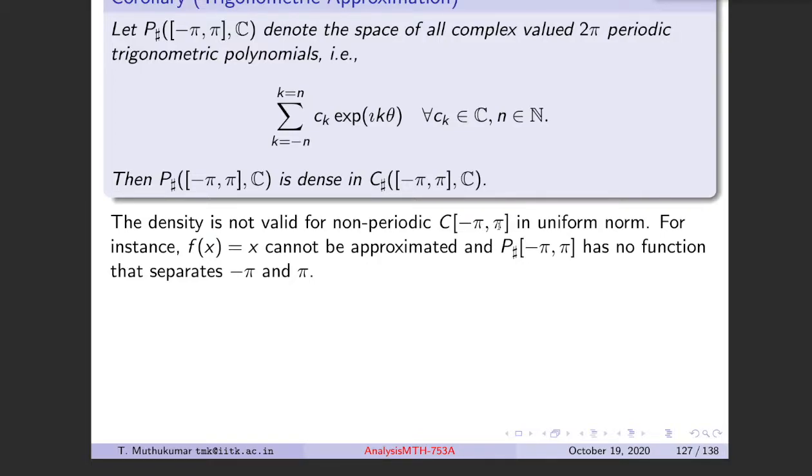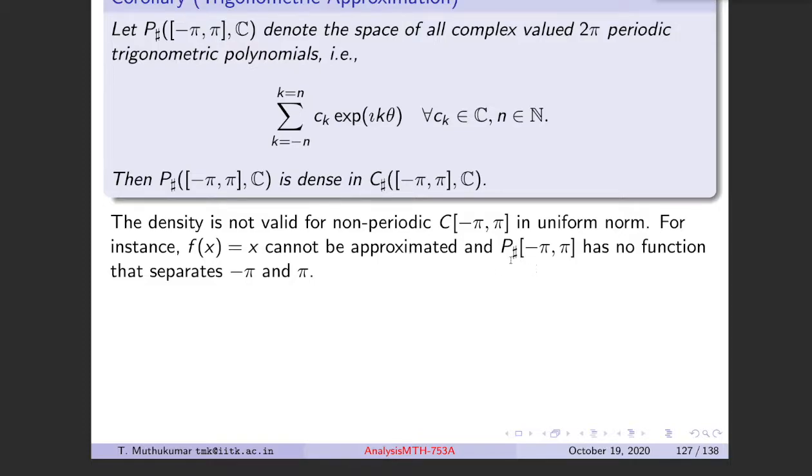But if you have done some Fourier series, you would have seen that you can extend it periodically as a saw function, where you do a periodic extension, imposing the value at -π at π and so on. That's a different thing, but as such you cannot approximate this function on the closed interval [-π, π] by a trigonometric polynomial.